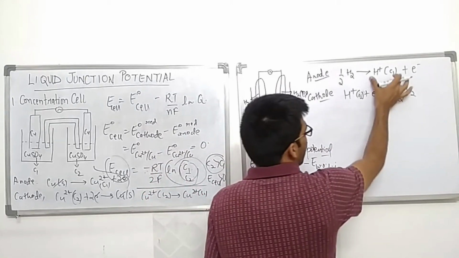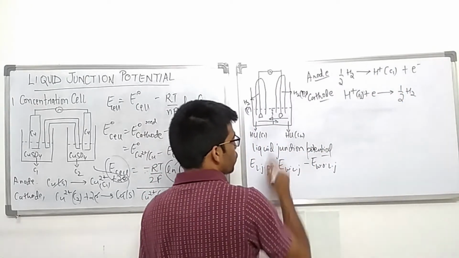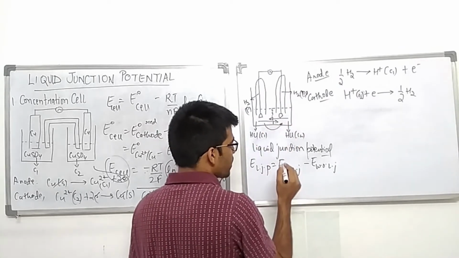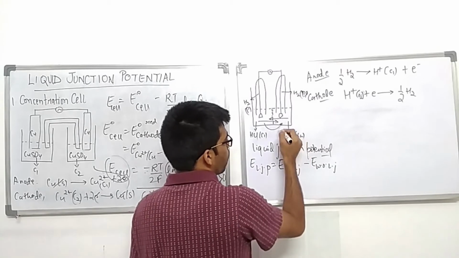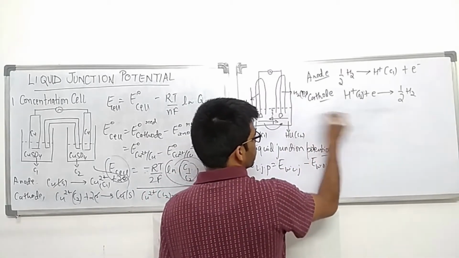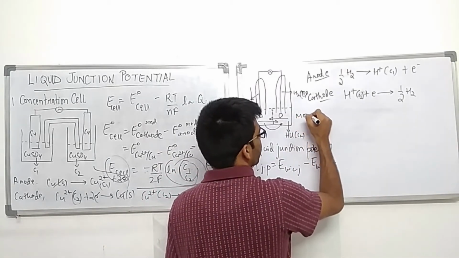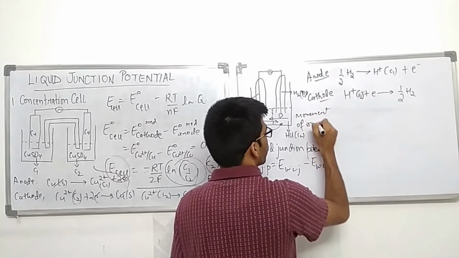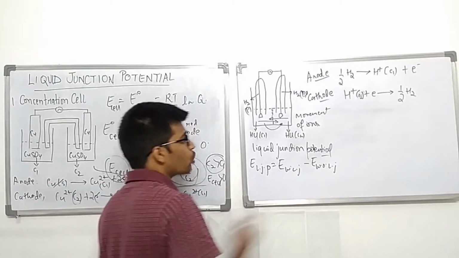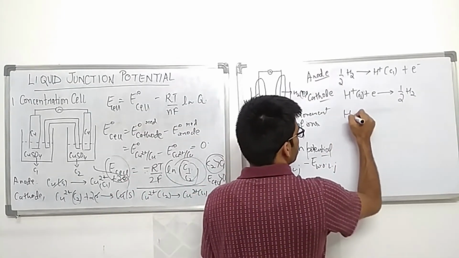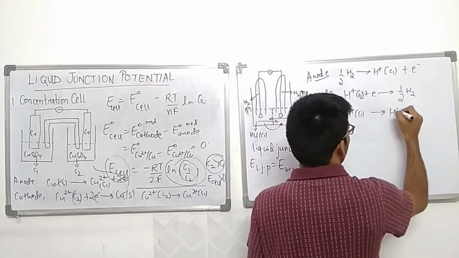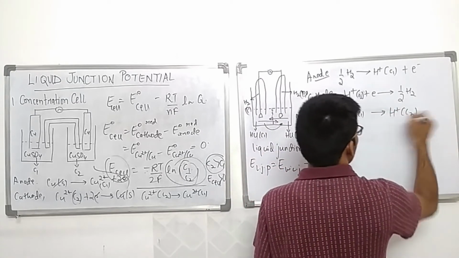So you see, H plus is created in C1, so that H plus would want to go here, correct? And as a result, I will get movement of ions. So I would get H plus from C1 going to H plus in C2.